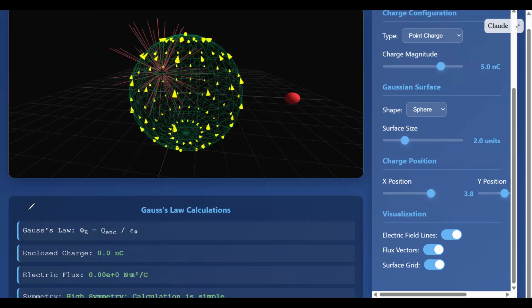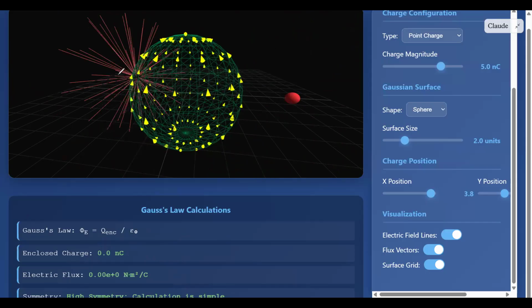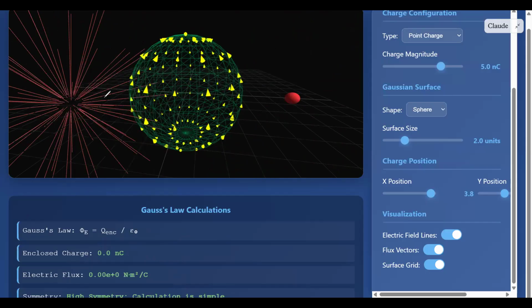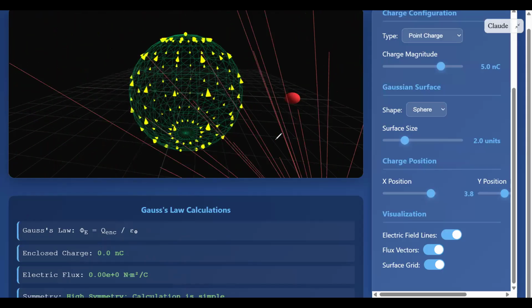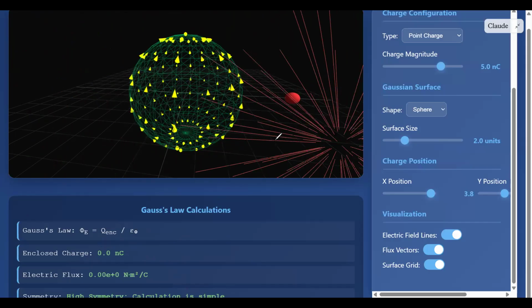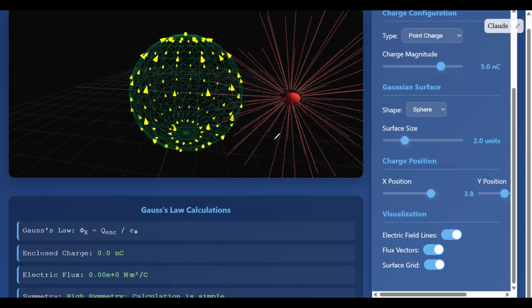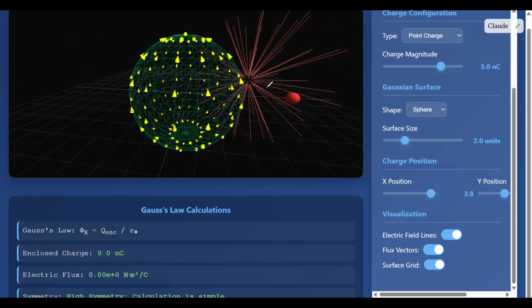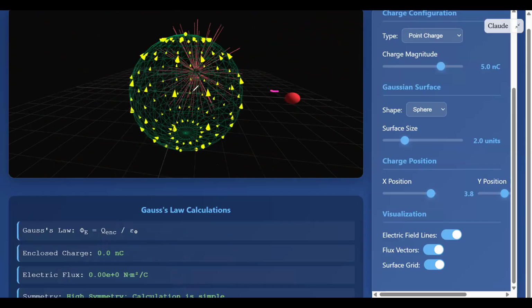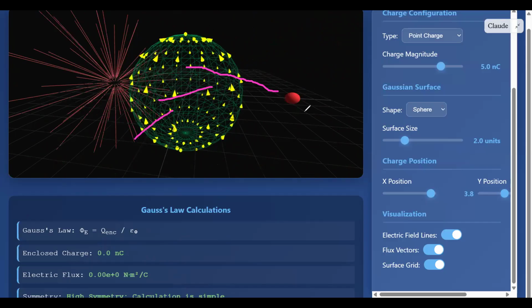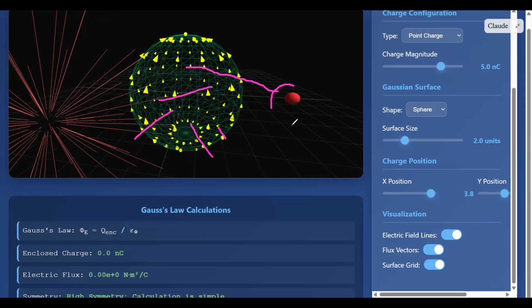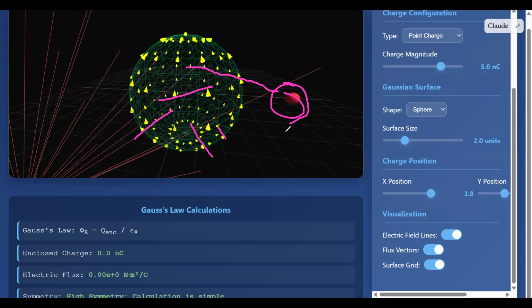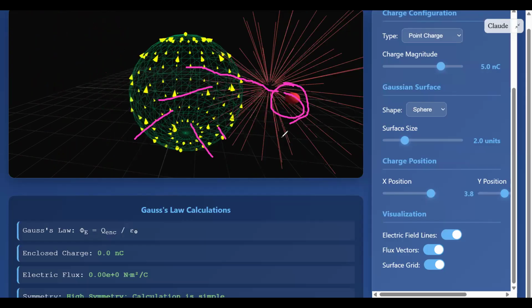Here you can see the lines passing around that sphere. In our space, for a positive point charge, electric lines radiate away from the charge. The electric lines pass through the surface and exit from the surface, so they cancel out each other.